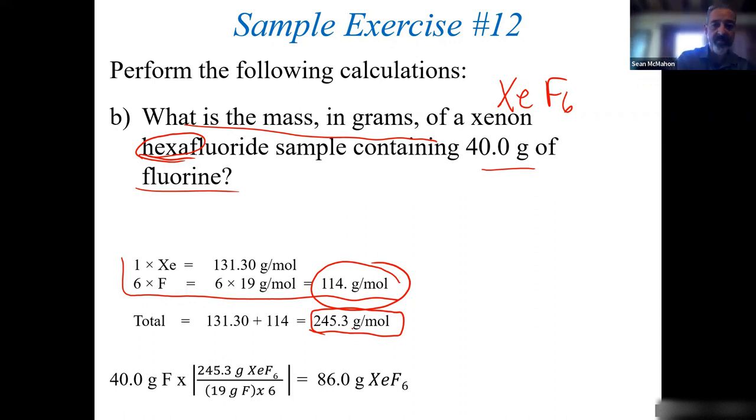I have 40 grams of fluorine, 19 times 6, which is the 114 grams, per 245.3 grams of xenon hexafluoride, which gives 86 grams of xenon hexafluoride. The other method is to do the mole ratio, which you could do as well. I think this is cleaner.